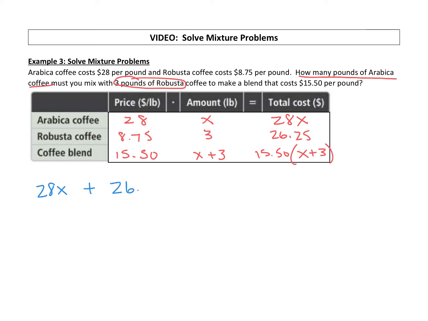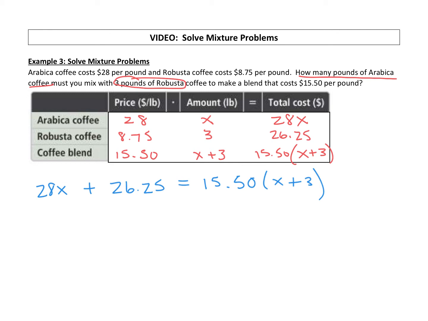That one's nice, we already know that's 26.25. It's going to equal the total cost for the blend of the two, 15.50 times (x plus 3). Now we just solve. Honestly, you guys, the hardest part is deciphering a word problem and translating that into a mathematical equation.